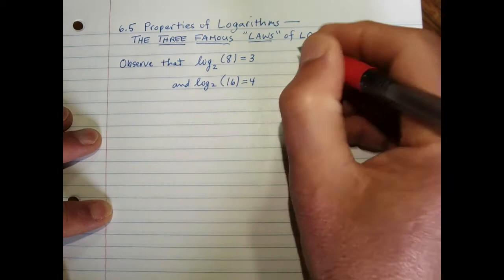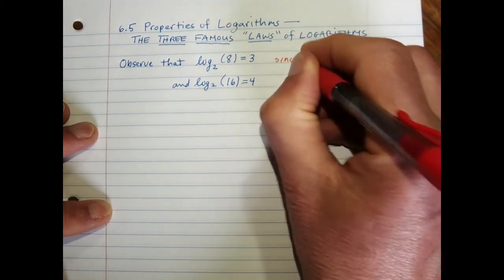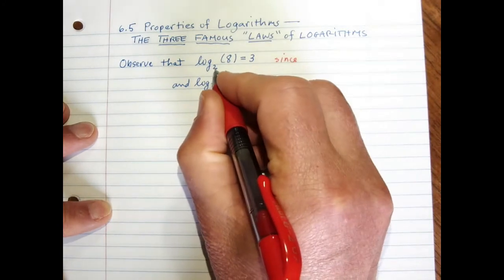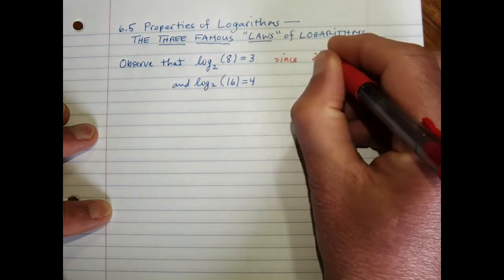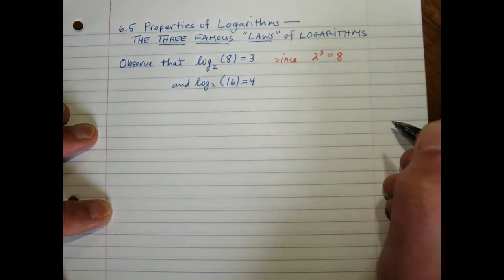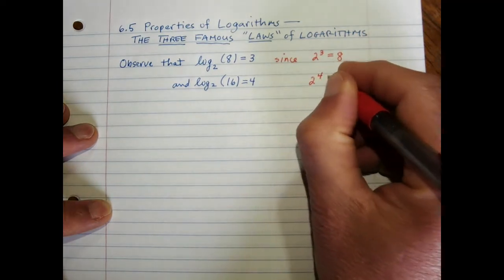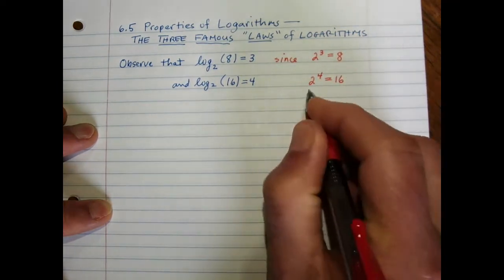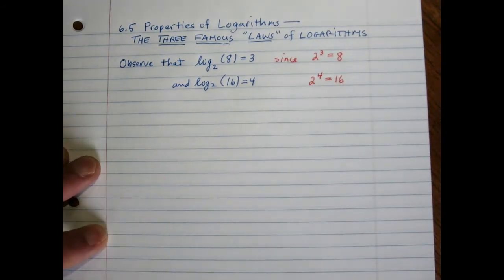Now, why is that true? That's because if we convert to exponential notation, the base 2 to the third power is 8. 2 times 2 times 2 is 8. And the base 2 to the fourth power is 16. If we take 2 times 2 times 2 times 2, we get 16.